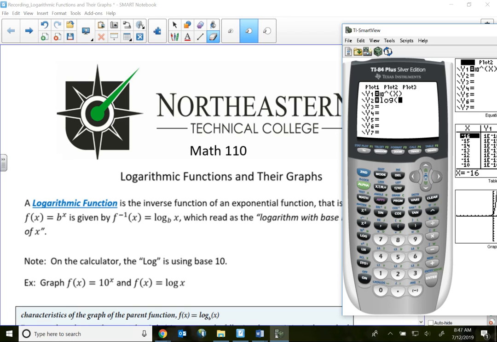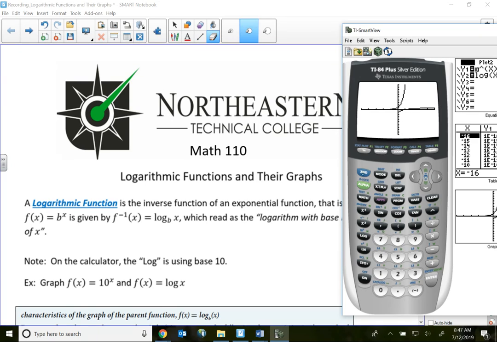Remember, inverse functions interchange the x and y coordinates and the x and y variables. So the second graph is the inverse of 10 to the x, which is log with the base 10 of x. Let me shrink my window down a little bit, going from -5 to 5, to make the picture pop up. All right, exponential 10 to the x, and this is your log.